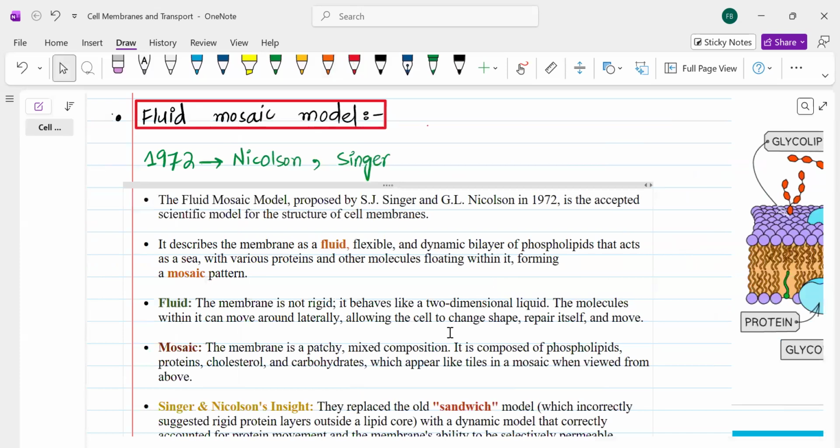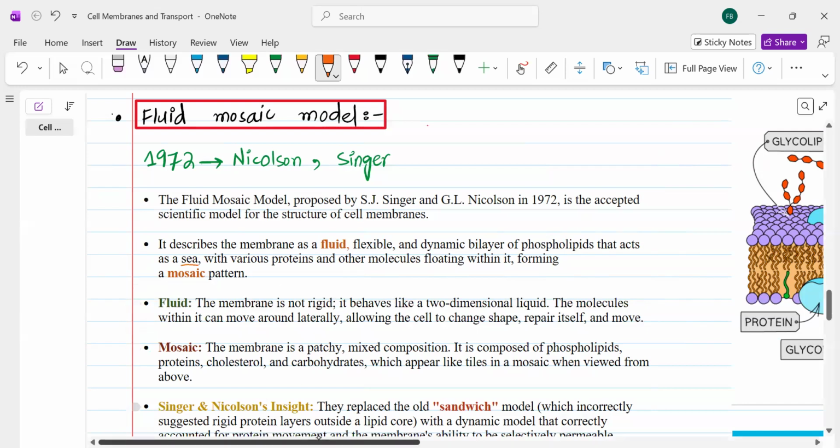It describes the membrane as a fluid, flexible, and dynamic bilayer of phospholipids that acts as a sea, with various proteins and other molecules floating within it, forming a mosaic pattern. Are you getting what they are saying?